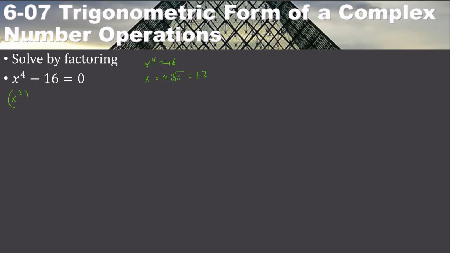It's x squared squared minus 4 squared. So it would be x squared minus 4, x squared plus 4. Well, this first thing is also a difference of squares. That's x minus 2, x plus 2. And then I take each of those equal to 0.